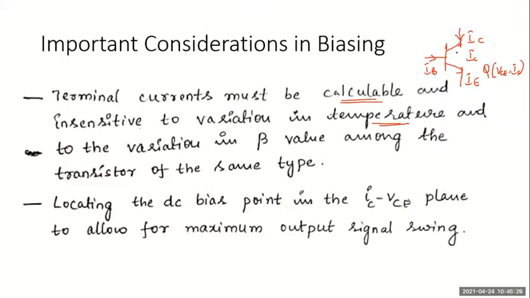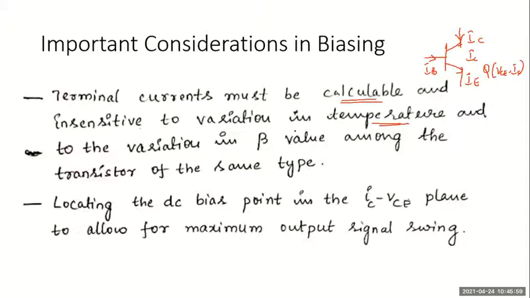I replaced it with another transistor from the same company or same manufacturer. Or for some reason you just have replaced it, or the temperature has increased. In spite of all those variations, we don't want this fixed current IC to change or this Q point to change. That is one very important consideration which we are going to take care of whenever we design biasing circuits.